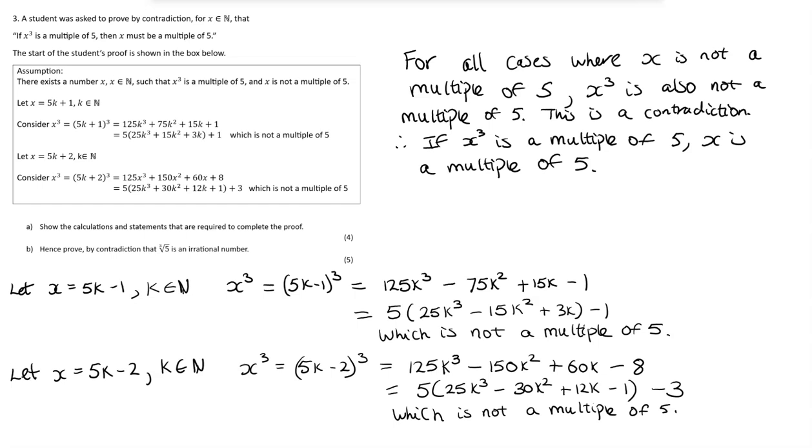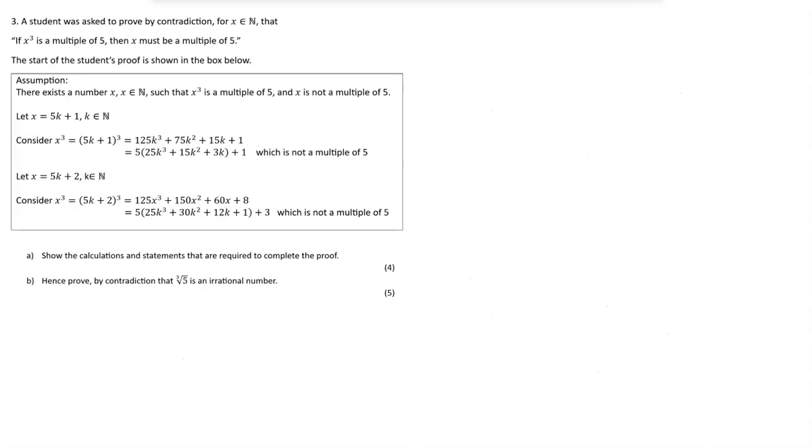Now we're going to go on to part B. We are going to prove that the cube root of 5 is an irrational number. A rational number is a number that you can write as a fraction a over b, with a and b both being integers.